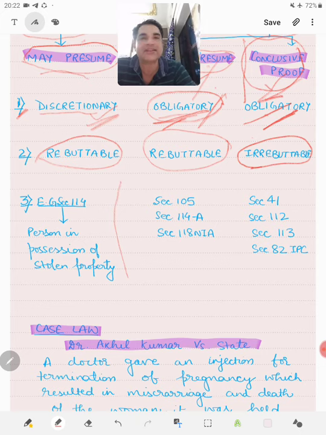For example, if a person is in possession of a stolen property and he cannot account for it, then it may be presumed that either he is the thief or he has got the property knowing that it is stolen property.